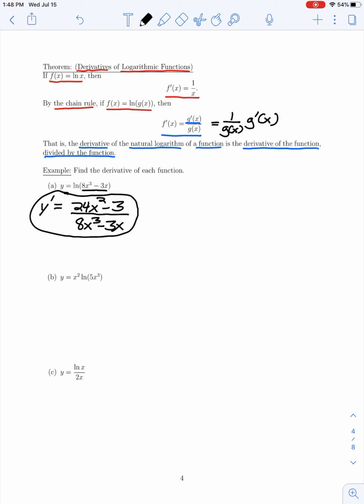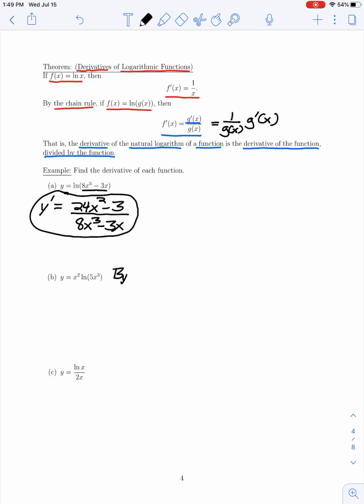Now in part B, we have y is x squared times the natural log of 5x cubed. Since we now have a product of functions and the logarithm of a function, we have to make use of the product and chain rules.